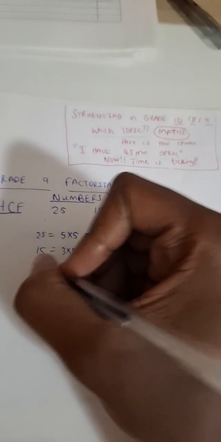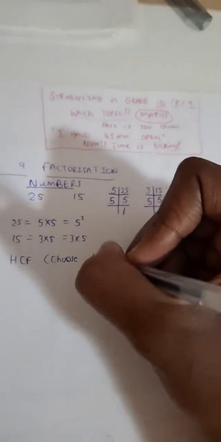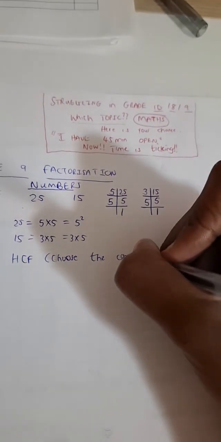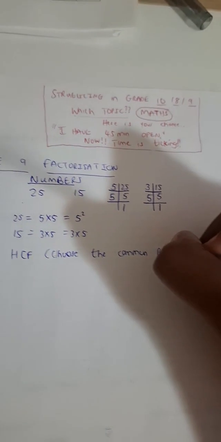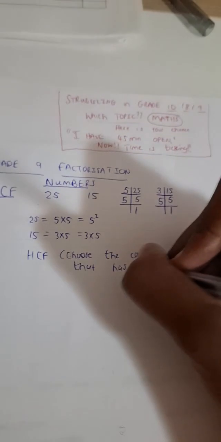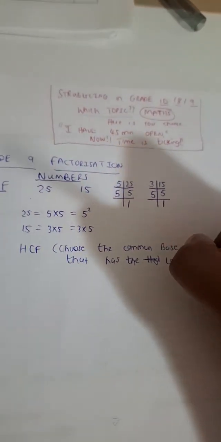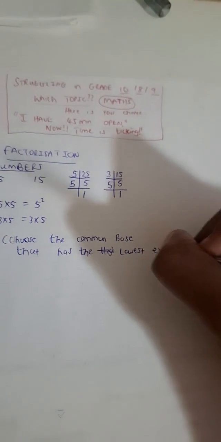Then when you are finding your highest common factor, we would choose the common base that has the lowest exponent.